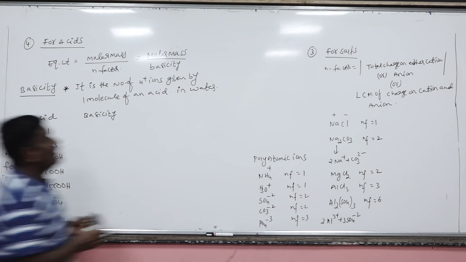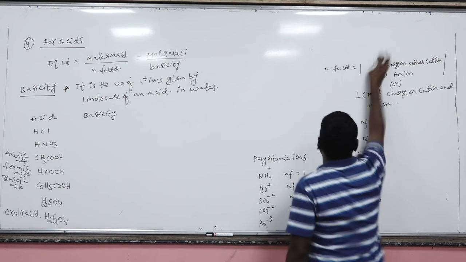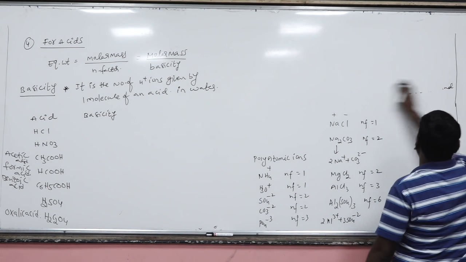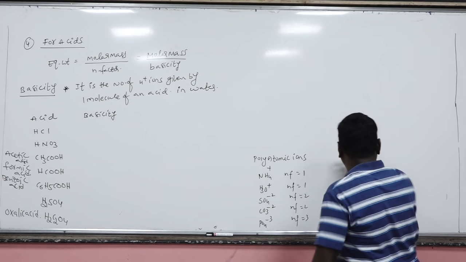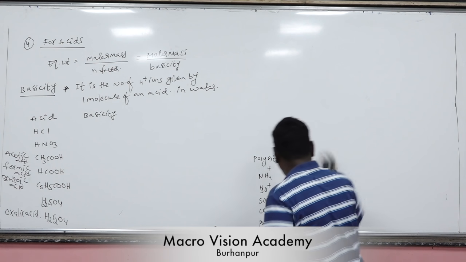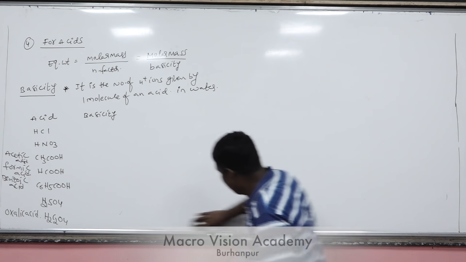Now, what is the definition of basicity? Once again, it is the number of H+ ions produced by 1 mole or 1 molecule of an acid when it is dissolved in water.